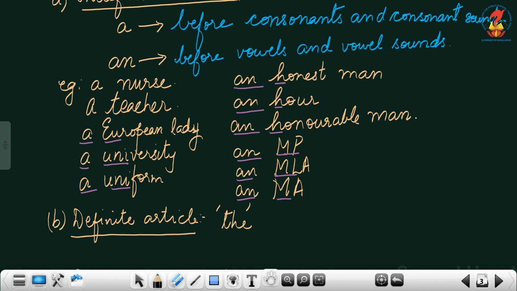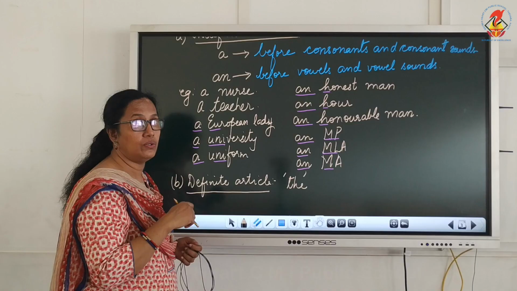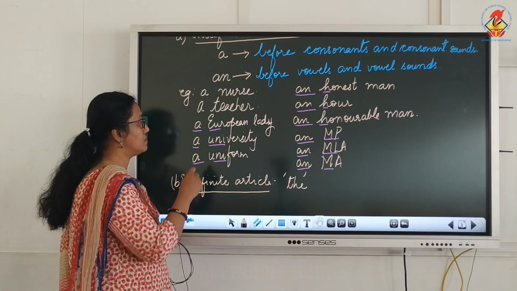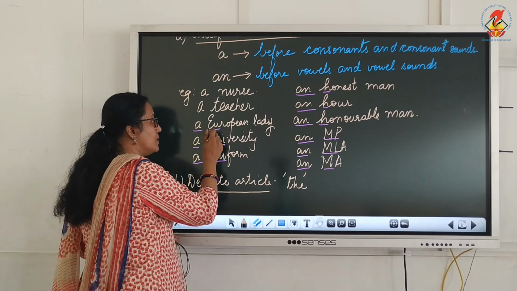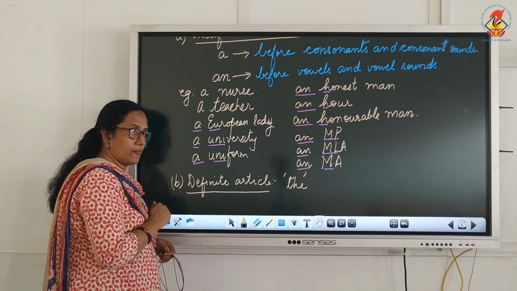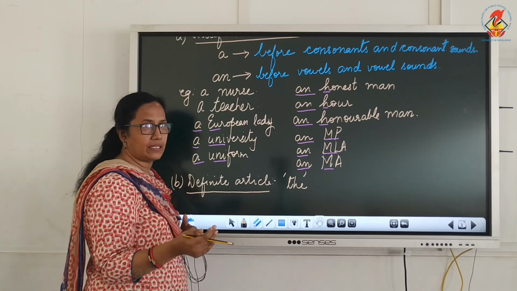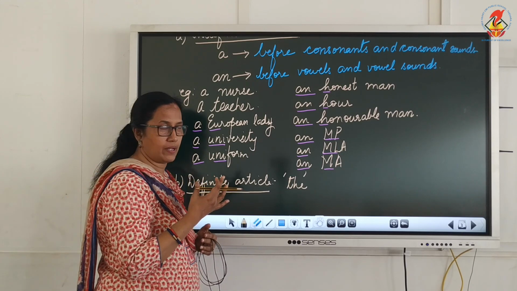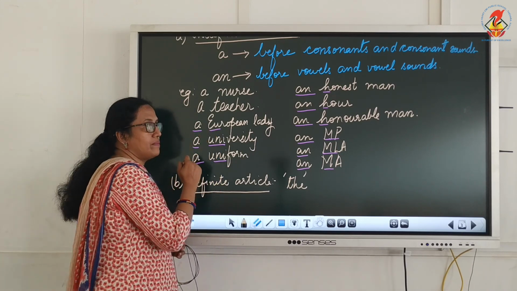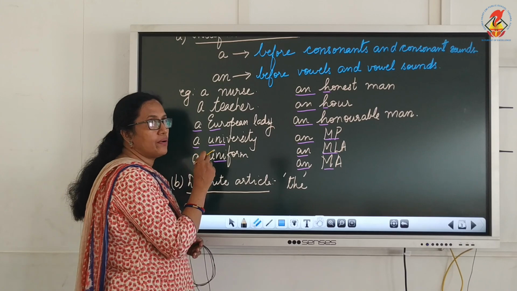No, but see, when you say the word, what is the sound that you get? You get a U sound, isn't it? So a European lady, because though this word starts with an E, which should automatically come under the category of a vowel, when you pronounce the word, the sound that you get is yoo, European lady.